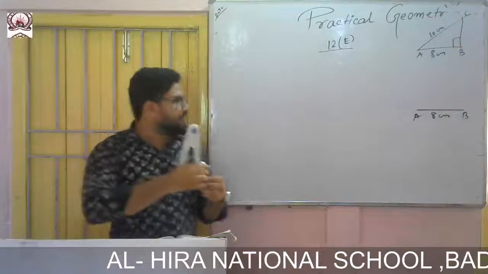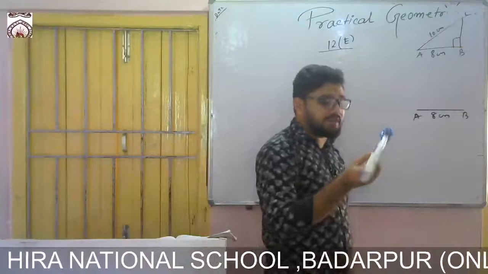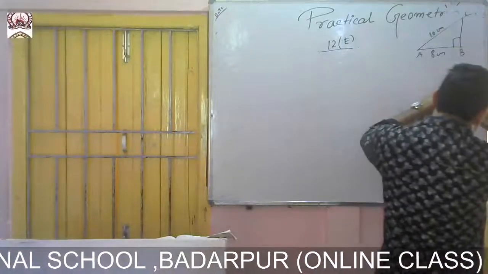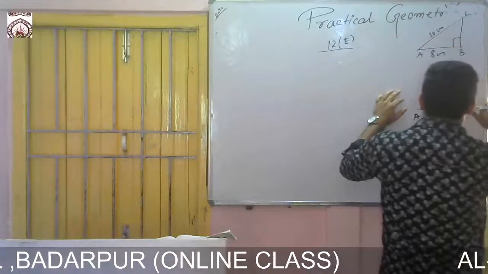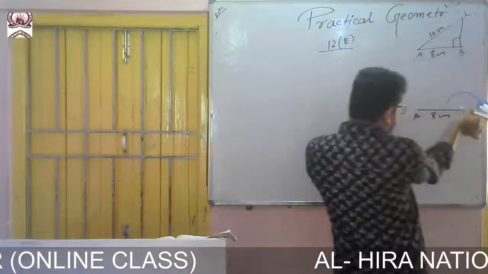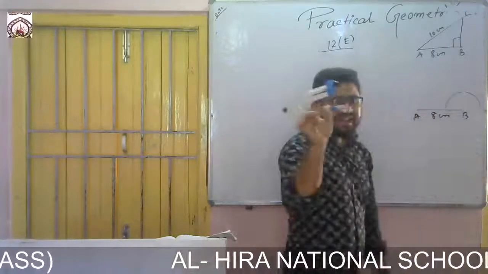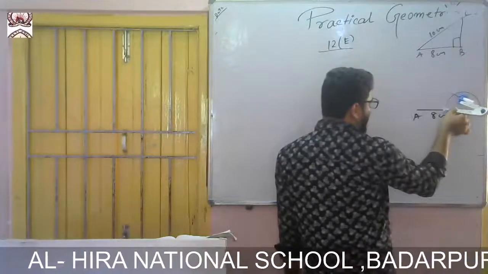So how to draw a right angle? First take a convenient radius, according to your wish, and draw an arc. Then without changing the radius, from this point of intersection draw another arc.